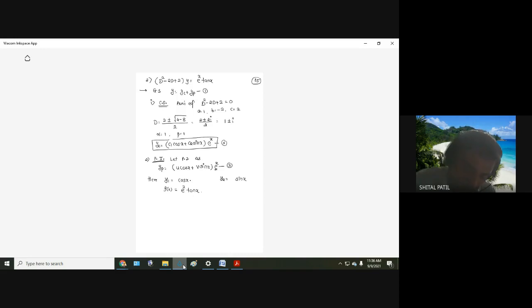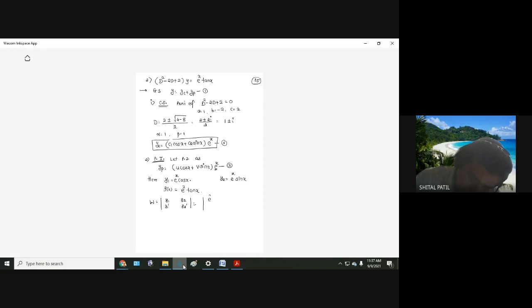In equation number 3, e raised to x is there, which is outside. You have to consider that e raised to x also. Don't forget that. So it should be e raised to x cos x, e raised to x sin x. Okay? Yes. Then W equal to y1, y2, y1 dash, y2 dash.